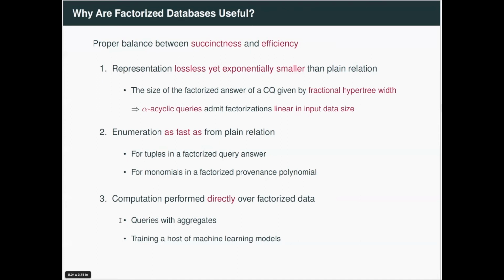Now, constant delay enumeration is a prerequisite for more complex computations in the factorized domain, such as, for instance, aggregates. It turns out that aggregates with group by clauses and even training machine learning models can be performed directly on factorized representations of join answers.